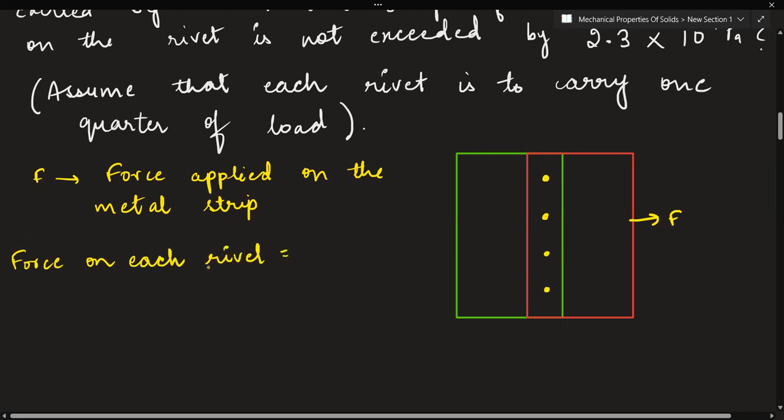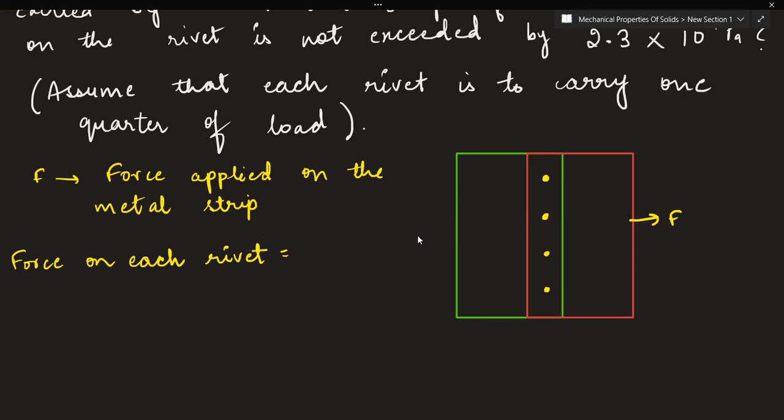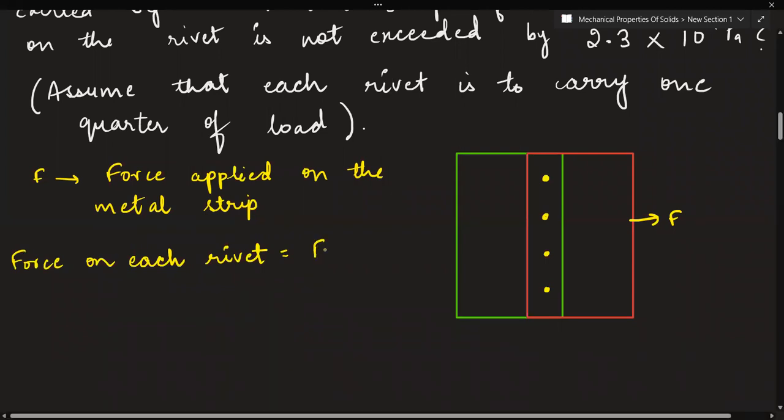If the force applied on all four rivets is F, what is the force on each rivet? F by 4. Yes, exactly. It would be F divided by 4.